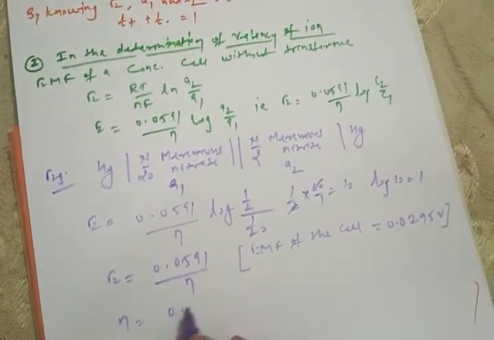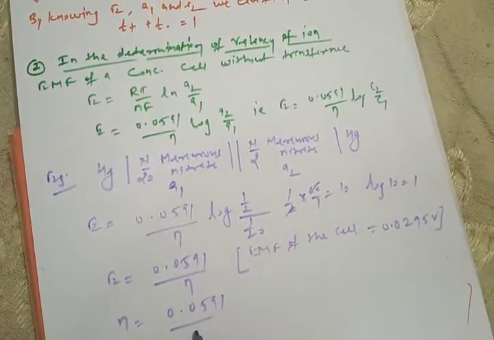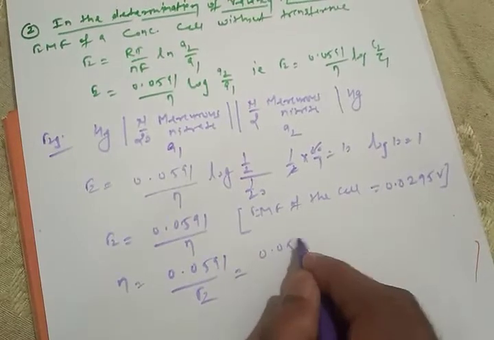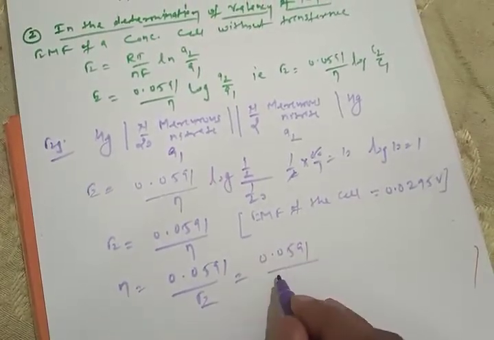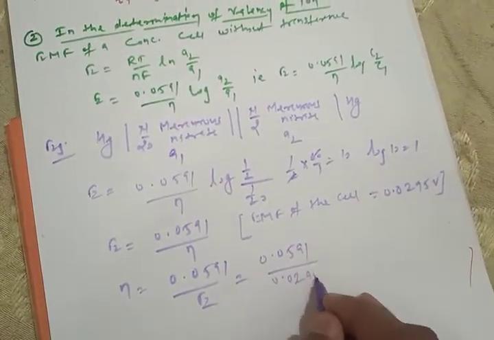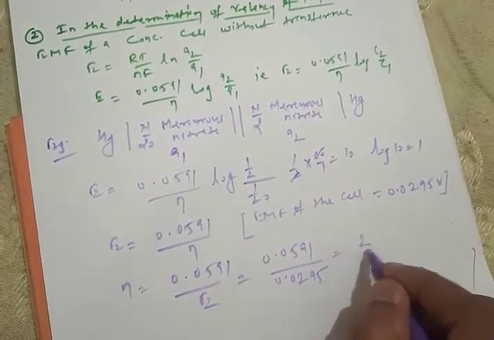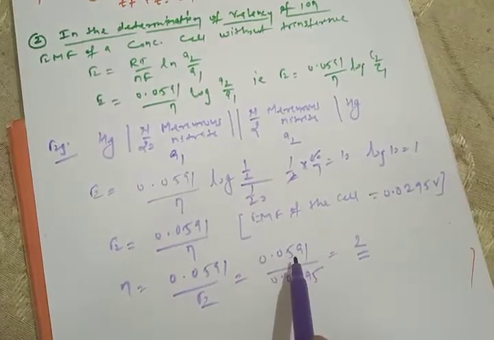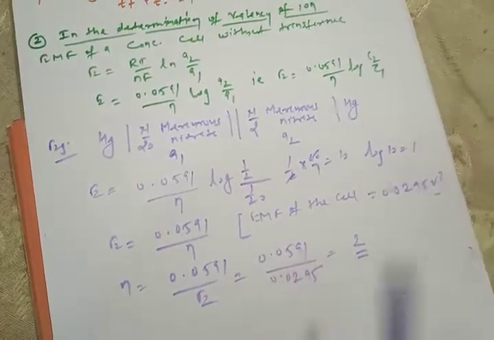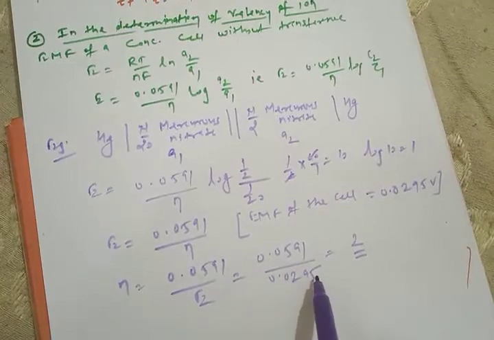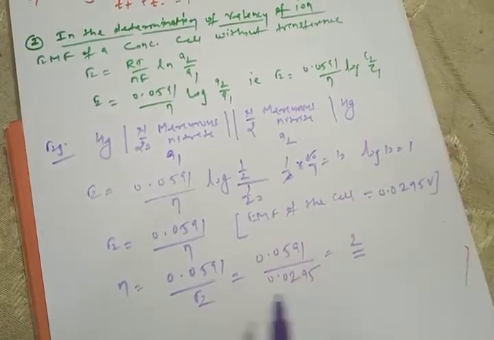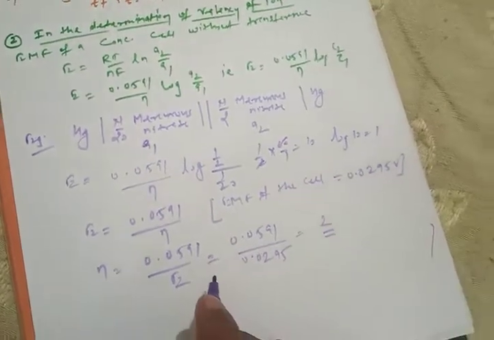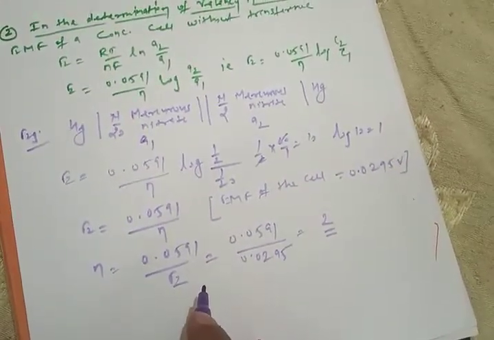So n equals what? 0.0591 upon E, and this will give 0.0591 over the value of EMF, 0.0295, and if you cancel, the value is 2. Because it is just double: 29 multiplied by 2 gives something like 58, and 0.5 gives 1. So this is exactly 2. So now the valency of mercurous ion is 2.